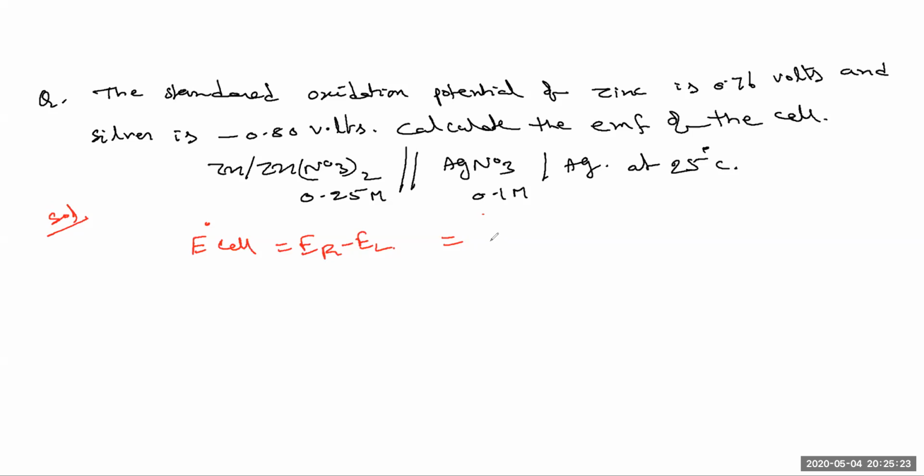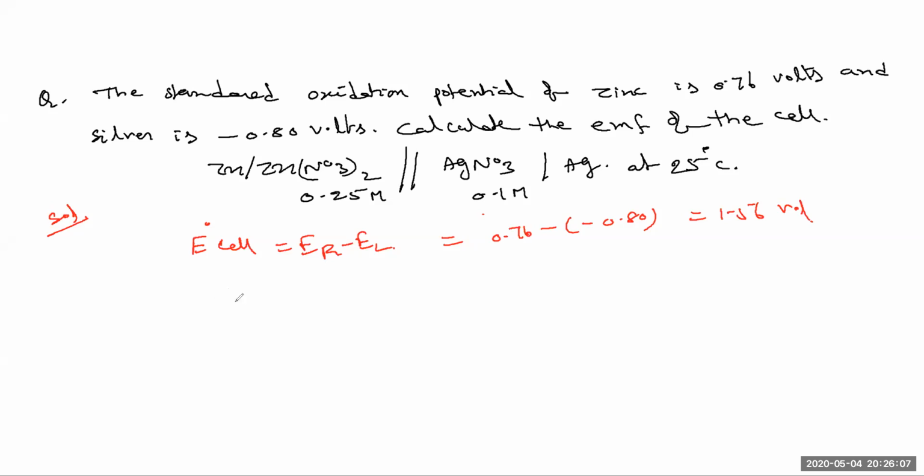According to IUPAC conventions, the total EMF of a galvanic cell should always be positive. So 0.76 minus of minus 0.80, by adding this we get 1.56 volts.